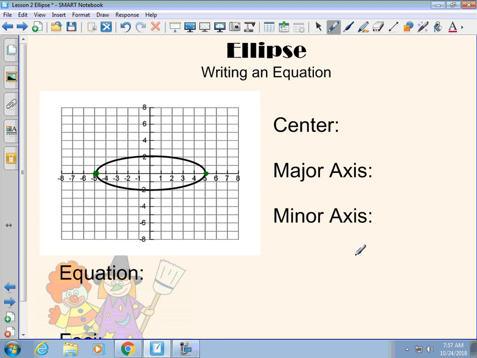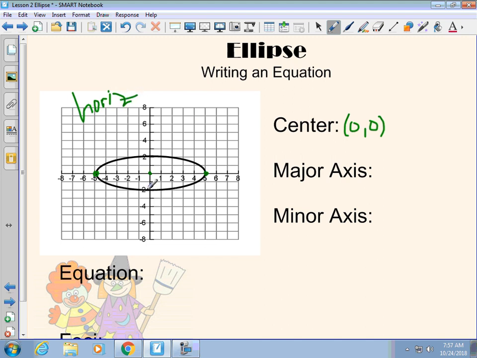So looking at this picture, right, the center here is at 0, 0. Right, it's halfway between everything there. So my center is 0, 0. My major axis, right? This is clearly horizontal because it is more football shaped.